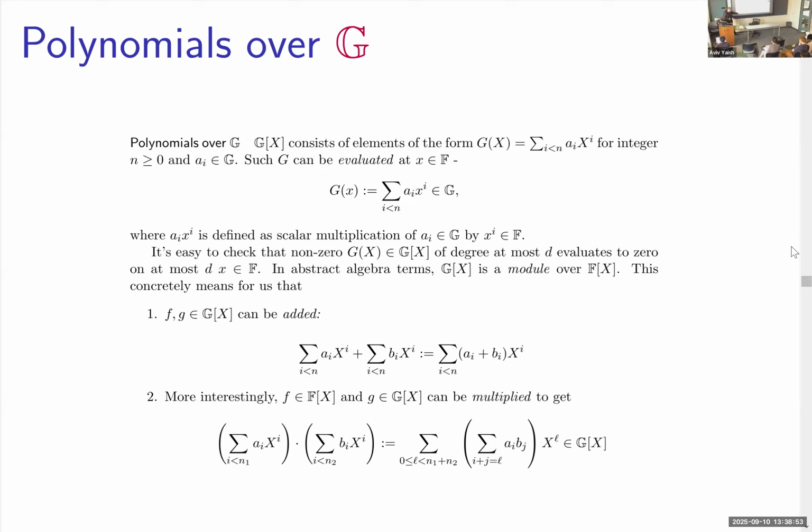Say that these A_i are in the field and these B_j are in the group, and now we multiply and batch the terms as we usually do. So this will be the coefficient of x^l. And this coefficient, the sum of A_i B_j, is well defined because we're always just multiplying an A_i in the field with a B_j in the group.